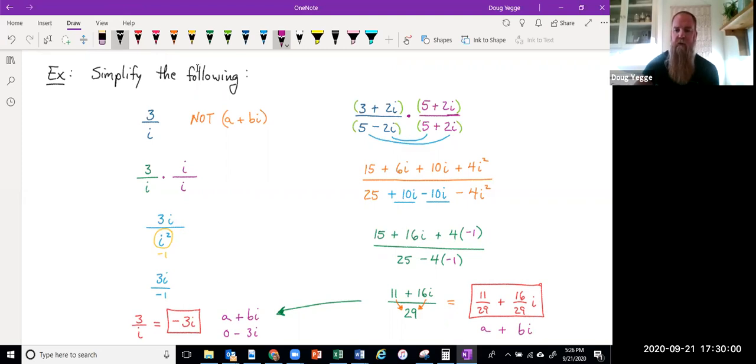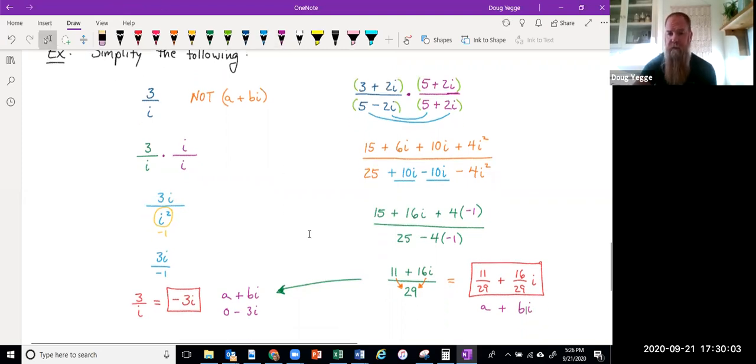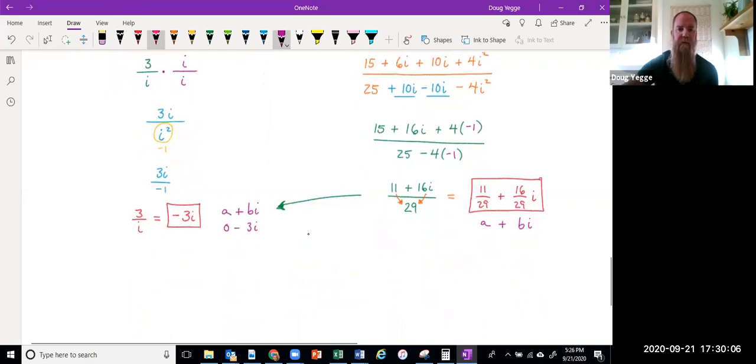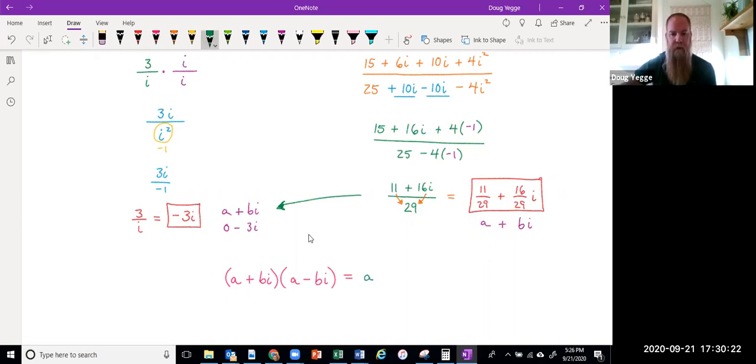So we've learned a really important property of complex numbers. That property says that if I multiply a plus bi times its conjugate, then that's going to give me a squared plus abi minus abi, and finally, bi times bi is b squared i squared.